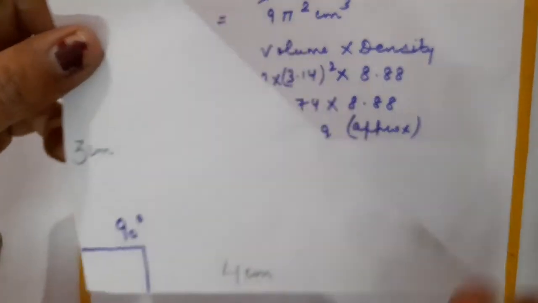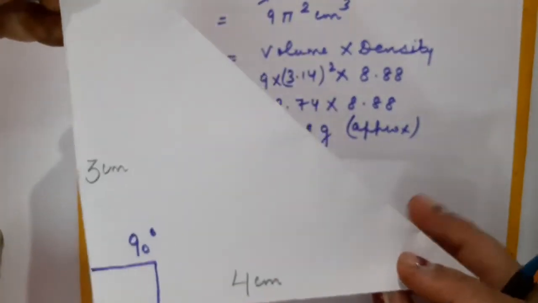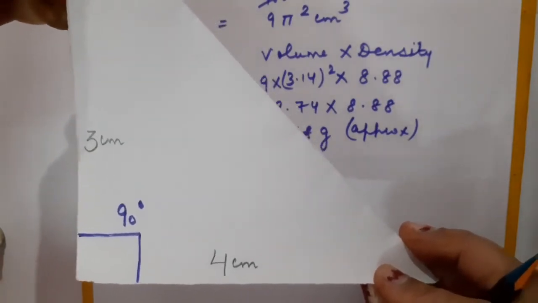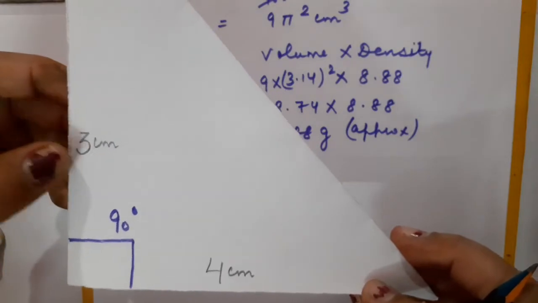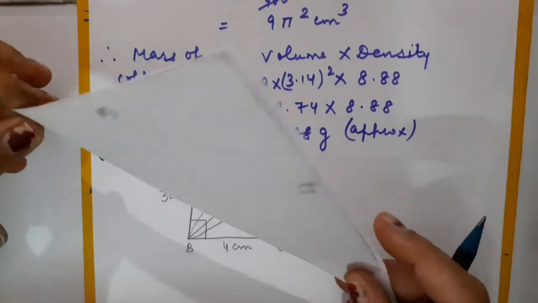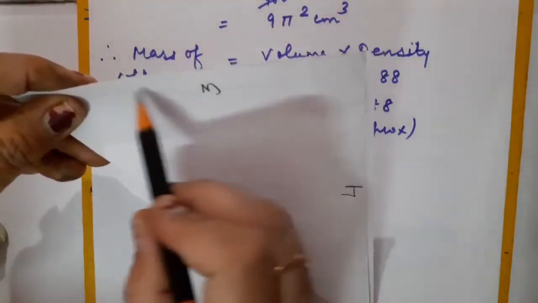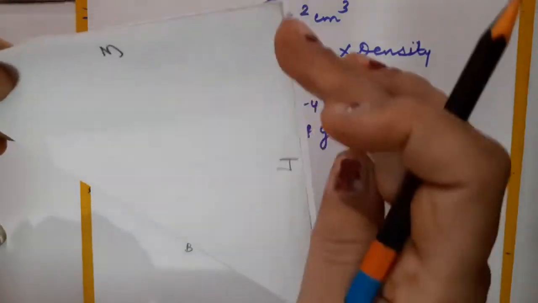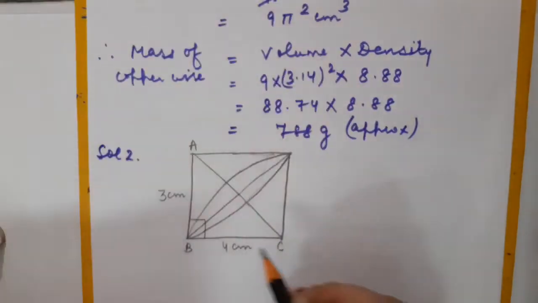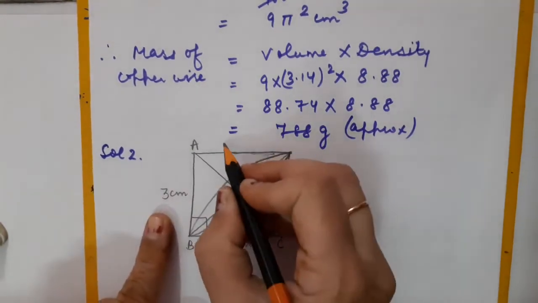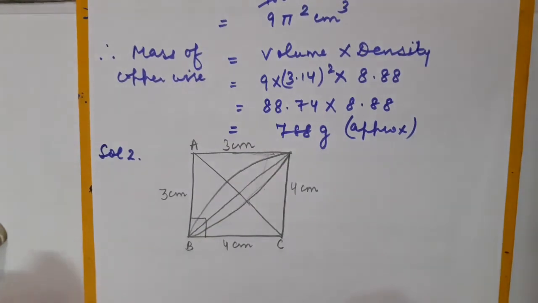So children, did you observe one thing, that when I revolved this right angled triangle around its hypotenuse, whatever was the perpendicular over here, where has it gone? You can see this. It has reached here now. Okay. And whatever was the base has become a kind of perpendicular over here, right? So whatever is written here, that is 4 centimeter, must be written over here, and this 3 centimeter must be written over here. Correct? Here I can give the name as point D.